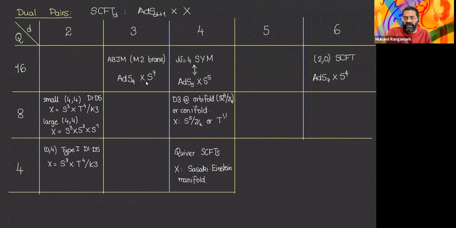I will always use the convention that D refers to the dimension of the field theory, so the AdS space will always be in D+1 dimensions. I've also organized this by the number of supercharges. So I've worked with 8, 16, 8, and 4. Note that I have not listed any non-supersymmetric examples. There are a few, but not all of them are under control. So if someone wants to help me fill out the non-supersymmetric examples, please do so.